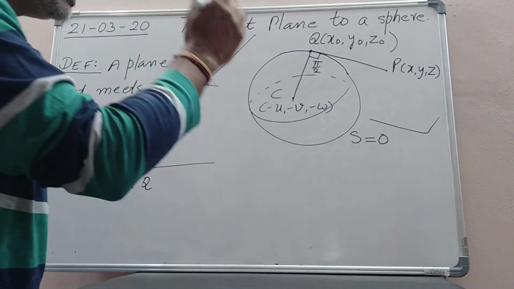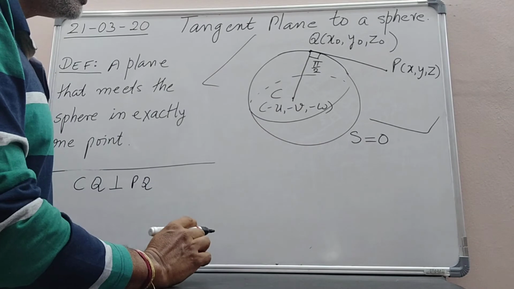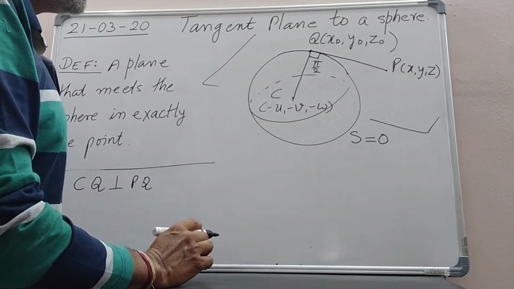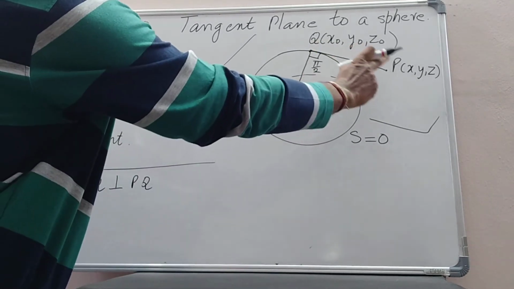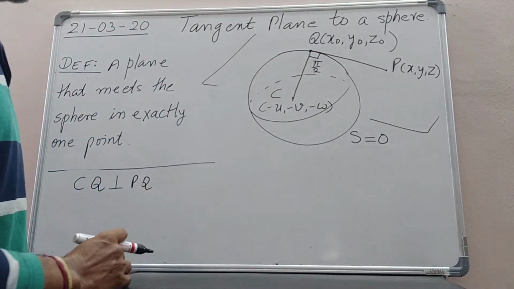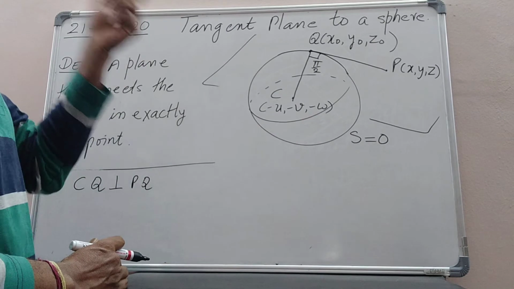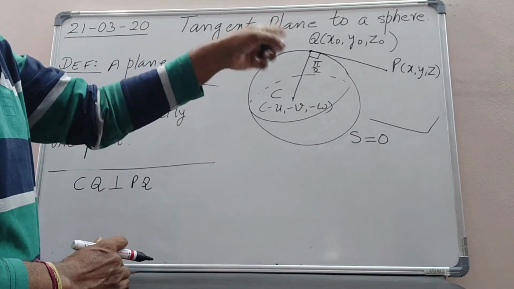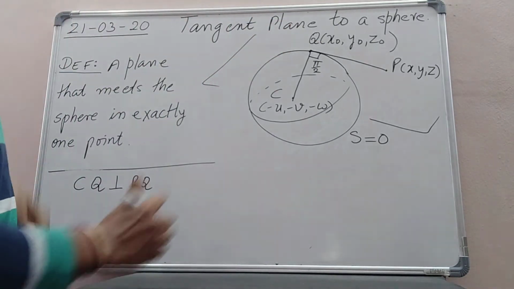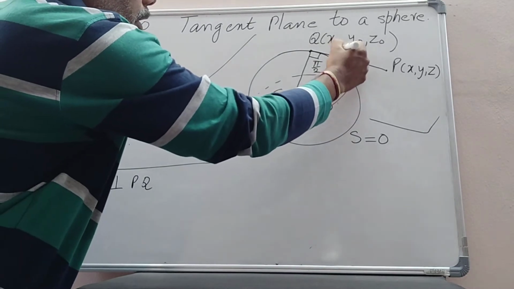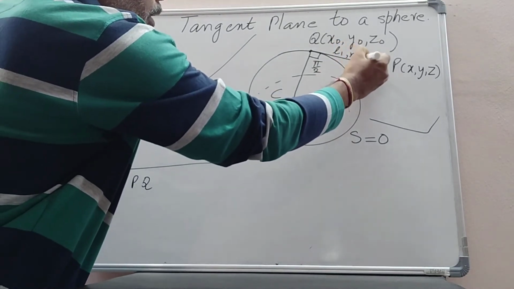The line PQ will have its direction ratios proportional to x minus x naught, y minus y naught, and z minus z naught. Or if I have to do it final minus initial, it will be x naught minus x, y naught minus y, and z naught minus z. Well, let me write it in short as L1, M1, and N1.